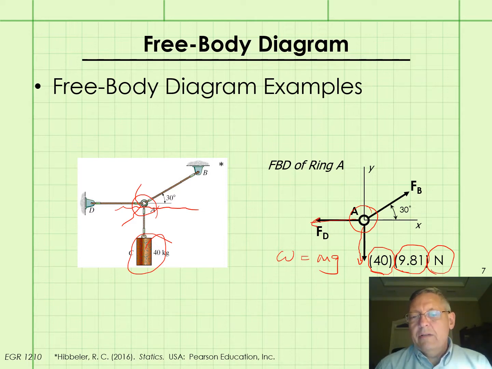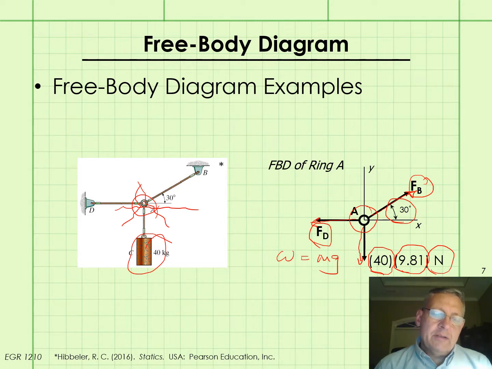So we know its direction, but we don't know its magnitude, so we'll label that as the variable F sub D. And then lastly, we'll cut away the cable that's coming from B. Draw that in our free body diagram. We don't know the magnitude, but we do know the direction. And again, in this example, we're going to ignore the weight of the ring, as we're assuming it's insignificant compared to the other forces involved here.